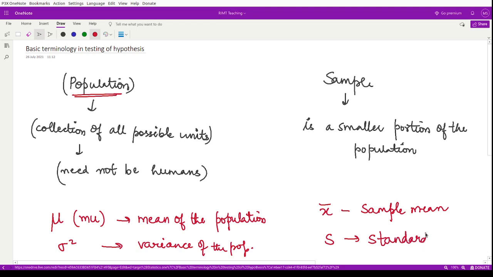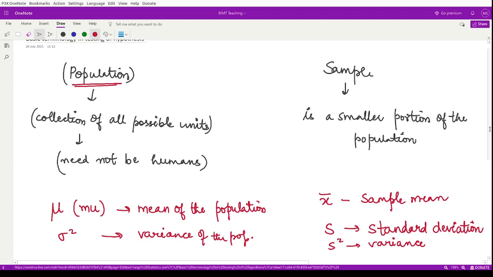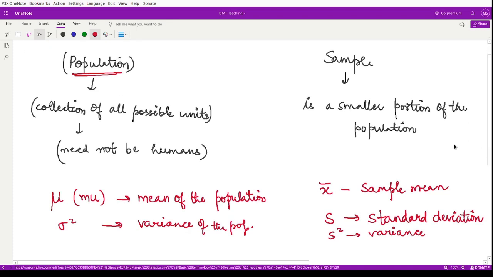Now what is the relationship between standard deviation and variance? Standard deviation is the square root of variance. So you may write s square to be the variance. If you do not remember these concepts, just go through them once.